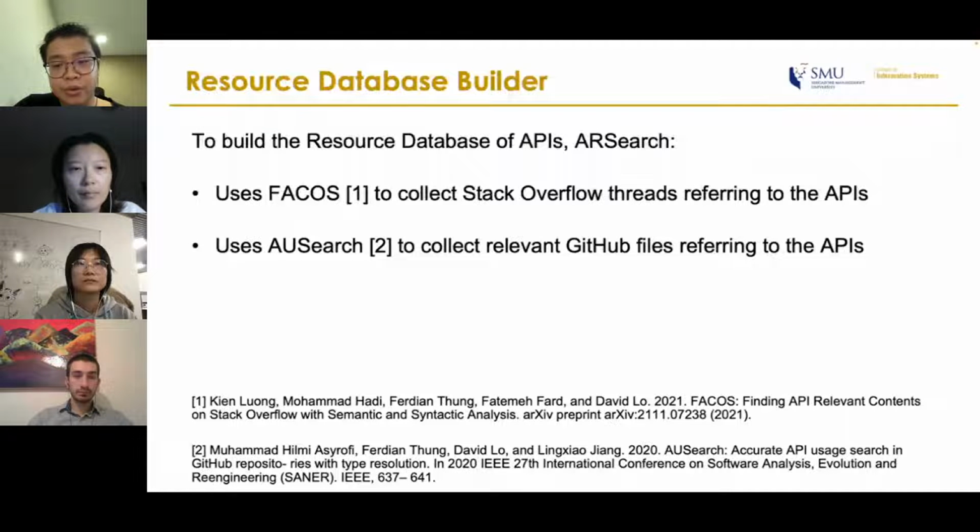Focus is the tool used to find whether a Stack Overflow thread correctly refers to a specific API method by resolving the ambiguity. And AU Search is a tool created by Subramanian et al. It leverages the type system and the API method signature to accurately resolve the ambiguous API invocations in the code examples available on GitHub.